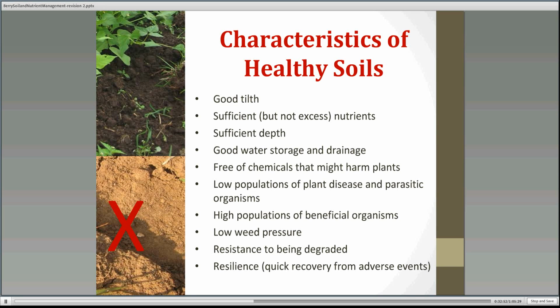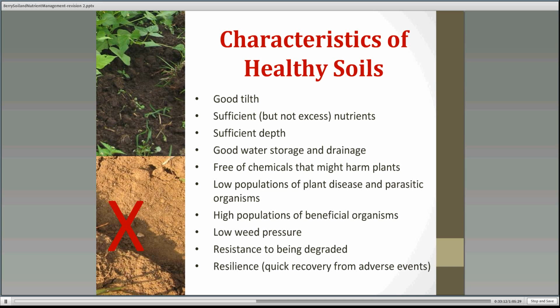Healthy soil has good water storage and also excellent drainage. Those are very important in berry crop production. It is free of chemicals that might harm plants and has relatively low populations of plant disease and parasitic organisms, but high populations of beneficial organisms.